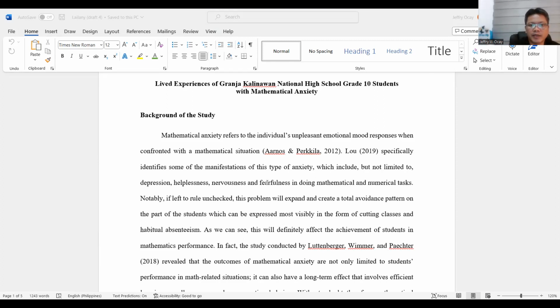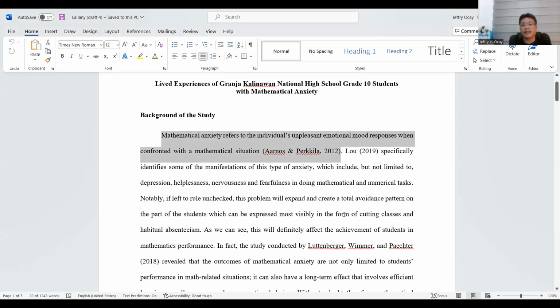As you can see, we started with the definition of mathematical anxiety. There are no stiff rules to follow, of course, but the idea why we started with the definition of the term is that mathematical anxiety is a nuanced term, a jargon that is highly specific to mathematics people.